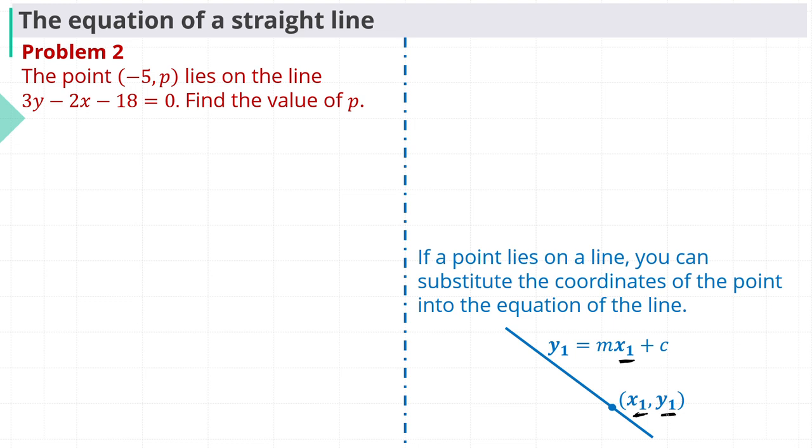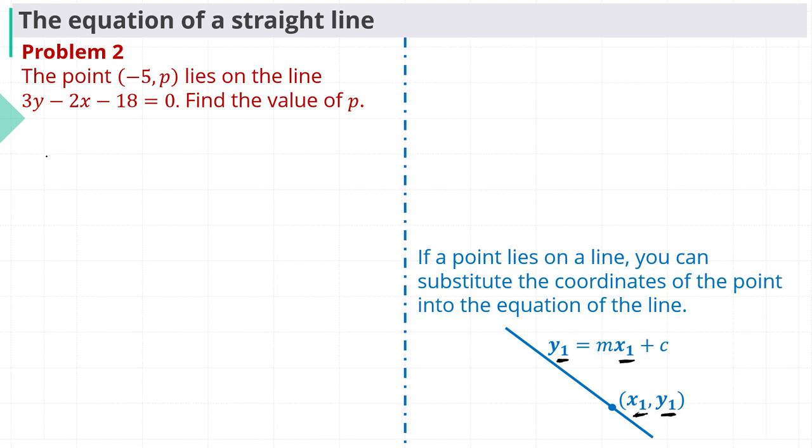The very y1 in the coordinates is the very y1 in the equation of the line. So once the point lies on the straight line, we substitute the coordinate of that point into the equation of the line. Problem 2 is an example.